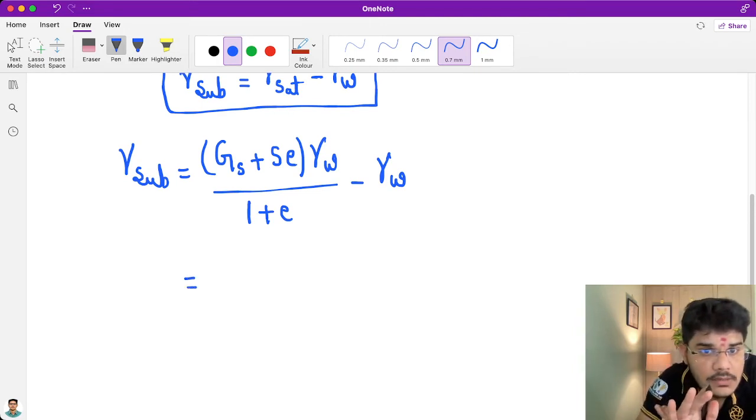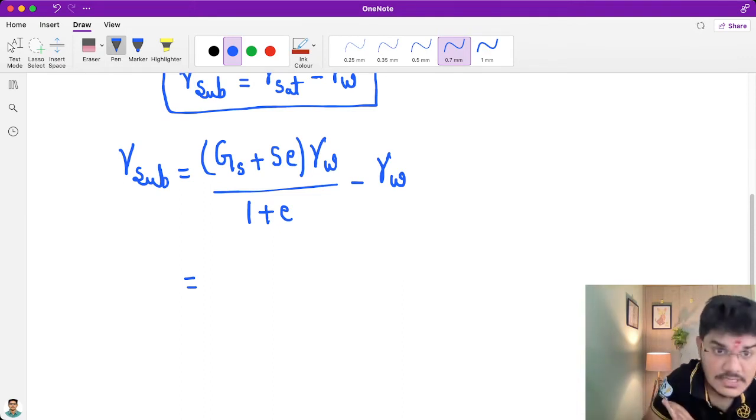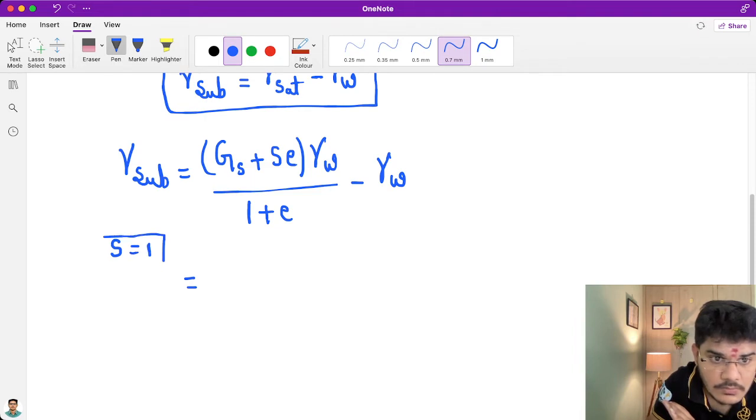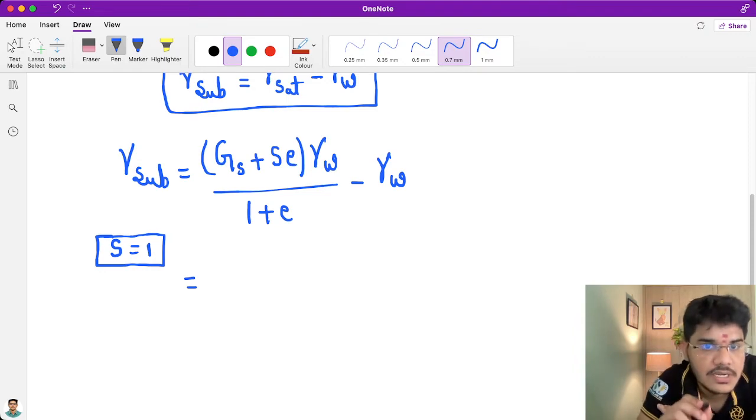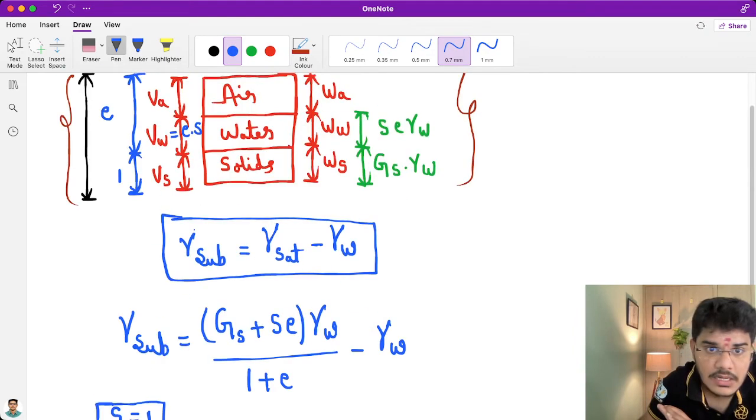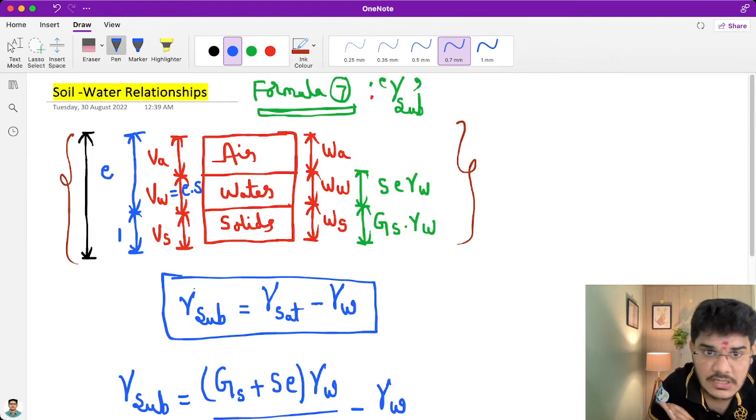So in case of submerged condition, and fully saturated condition, this degree of saturation is equal to 1. In case the soil is fully saturated, that means this air phase will not be present.